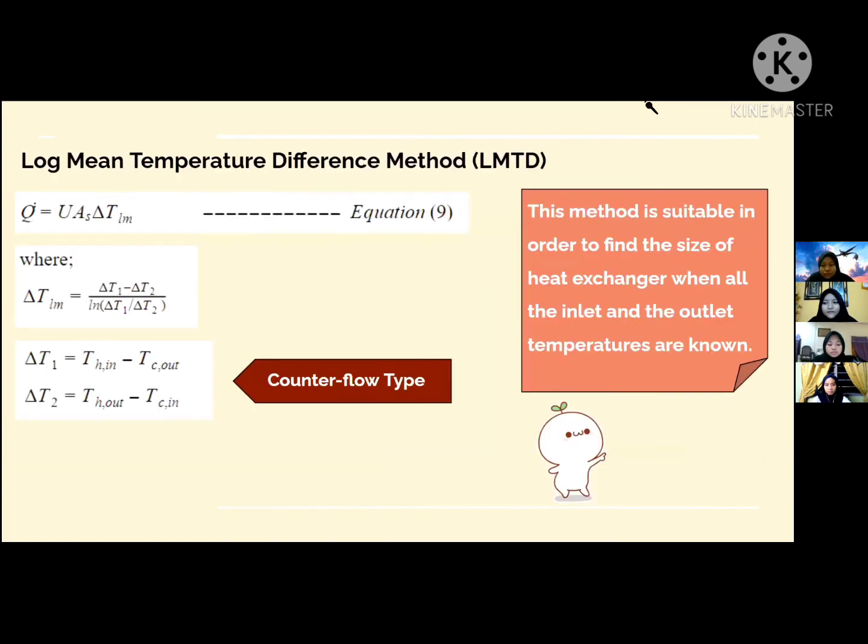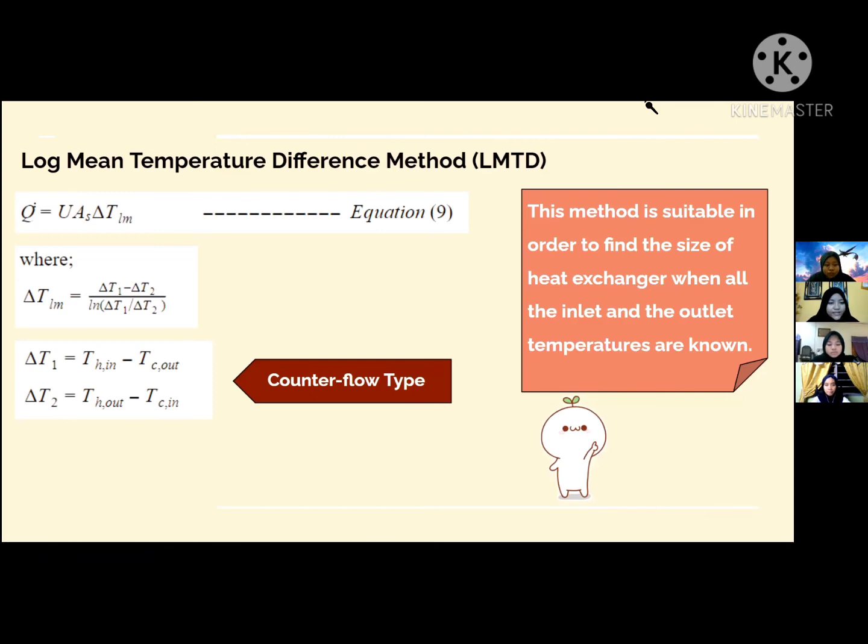Next slide. This is one of the methods used to find the rate of heat transfer. From the research that I made, most engineers use this method because it is suitable for finding the size of a heat exchanger when all the inlet and outlet temperatures are known.